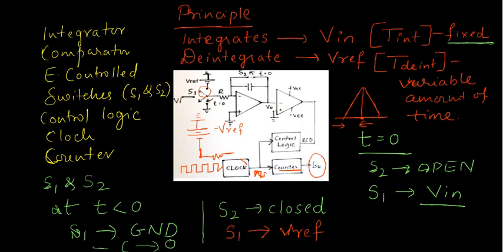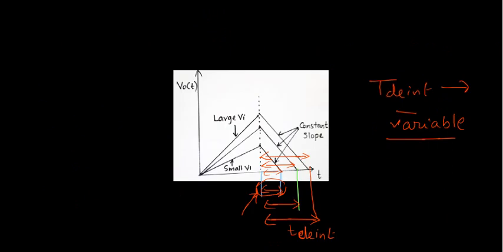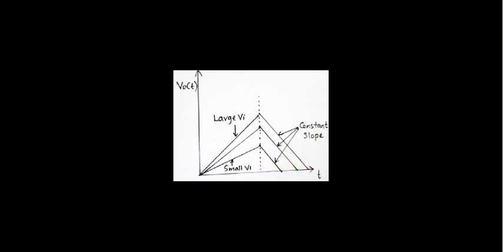If you look at this diagram, it will be very clear. If your input is a smaller value, the corresponding TDEINT is also less. If you have a large value, then your TDEINT is also more, and more clock pulses will be counted to get the corresponding digital equivalent of the analog signal.